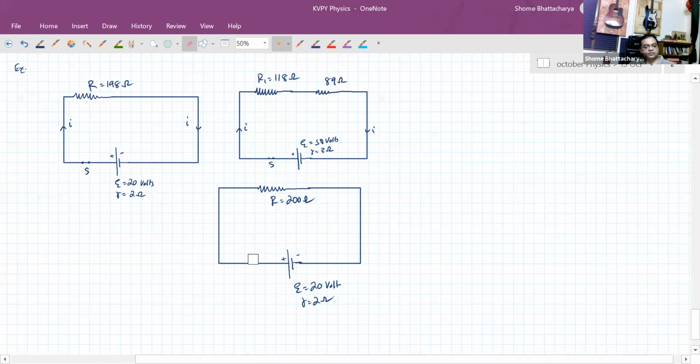But this time we've left the switch open. The switch is in open condition.